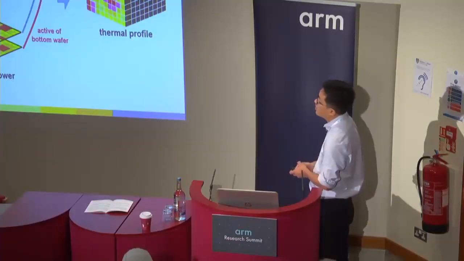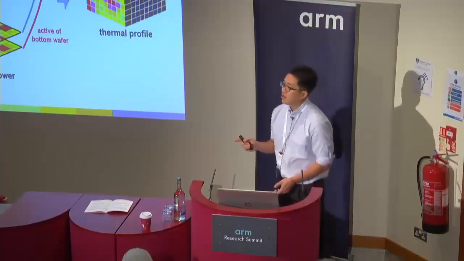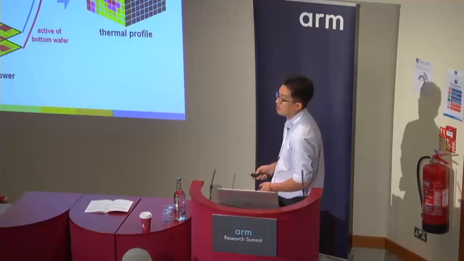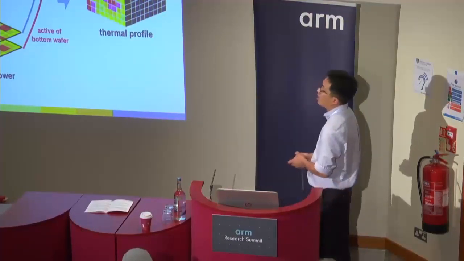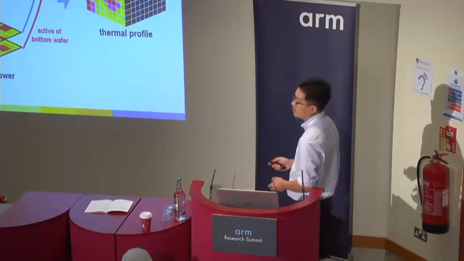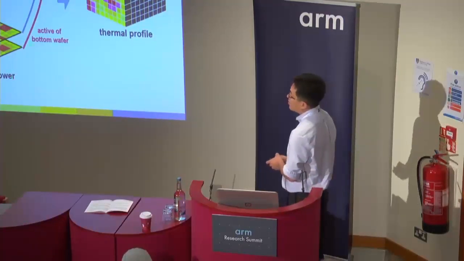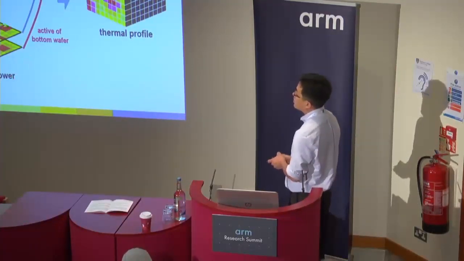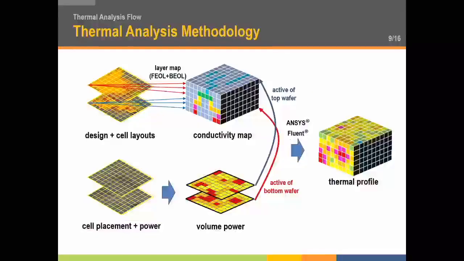On the other hand, with the cell placement and the cell power consumption, we calculate the volume power of the top and bottom tier active regions. With the calculated volume power, we put it in the cubes that represent the active layer of the bottom tier and top tier.